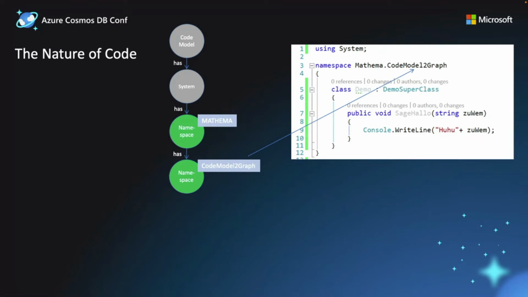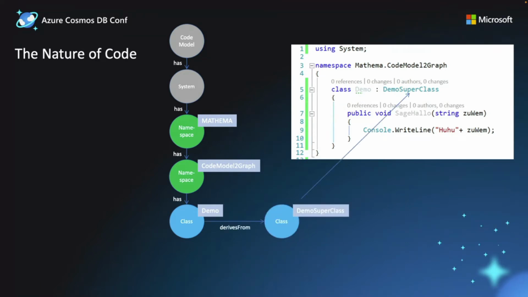And inside this namespace, we will find a vertex of a class called demo, and that is derived from another class. And that class, the demo class, is having a method called say hello.